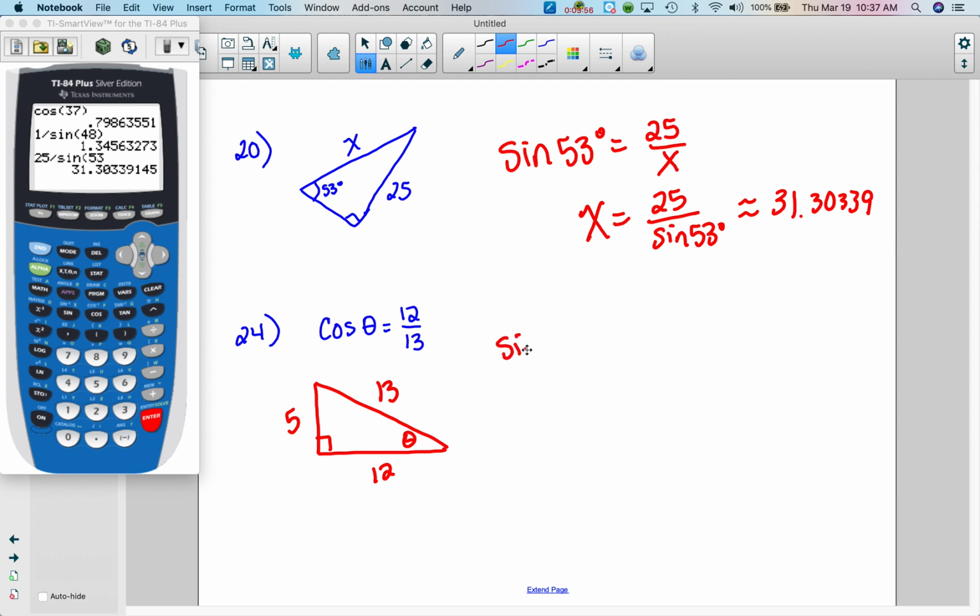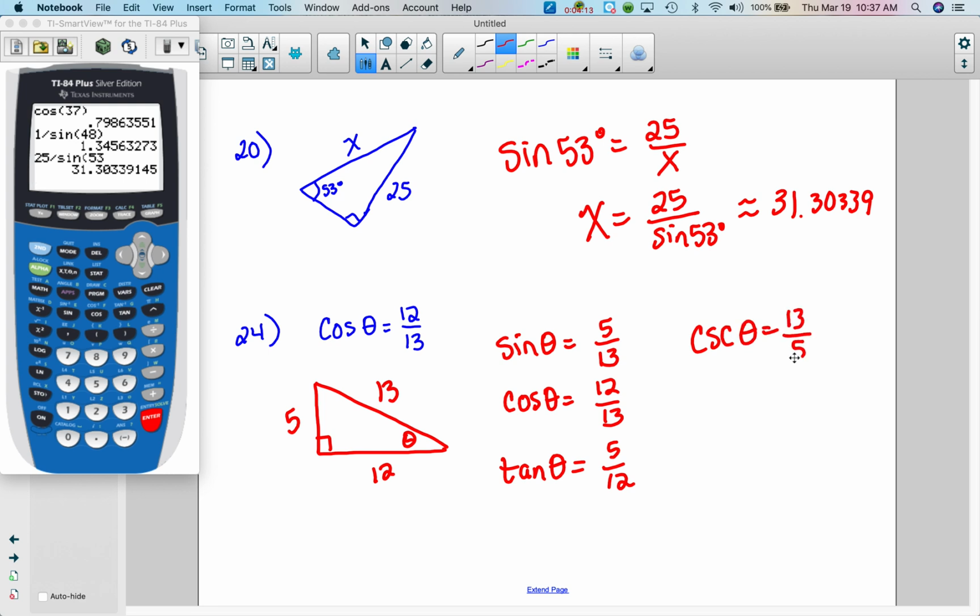So then we have sine theta equals 5/13. I'm going to repeat this so I have everything else. Tangent theta equals 5/12. Cosecant, you have to make sure you're using the right one, 13/5. Secant theta is 12/13. I'm sorry, 13/12. And cotangent theta equals 12/5.